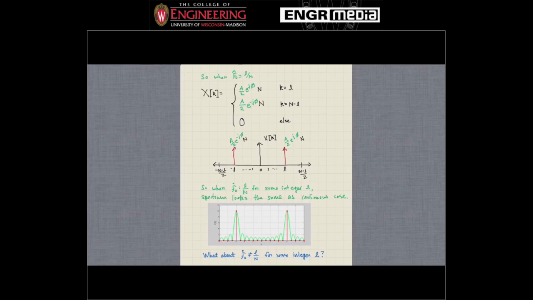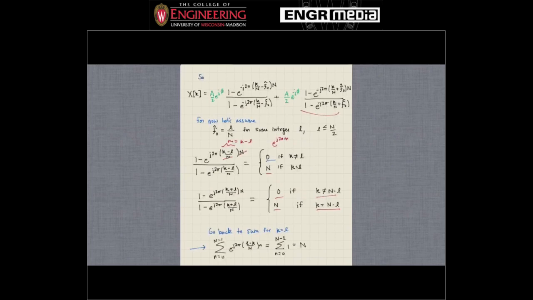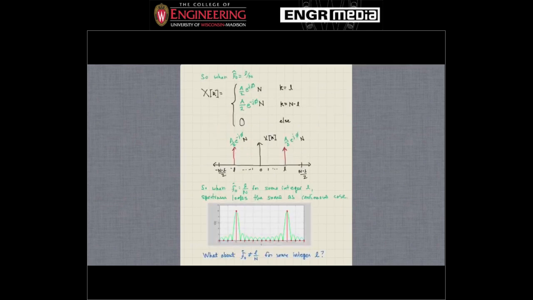One of those non-zero values is for when k is equal to L, then we just get this positive A over 2 e to the j phi, and when k equals capital N minus L, we just get X of k equals A over 2 e to the minus j phi, times, of course, N for both of these. That N came from back on this page where we had this sum. So all we did is look at these specific cases of this equation here, and then we're able to write out the cases in an actual expression for X of k.